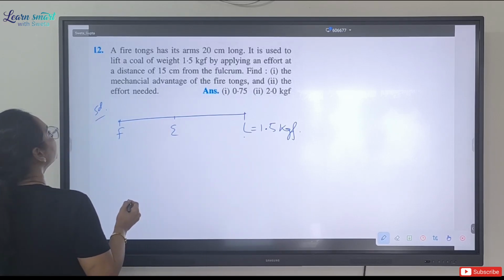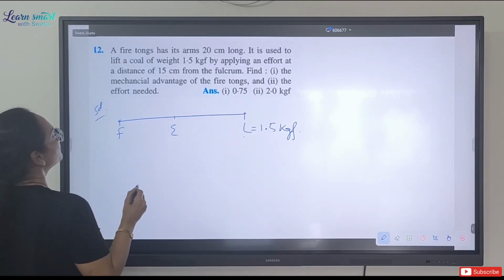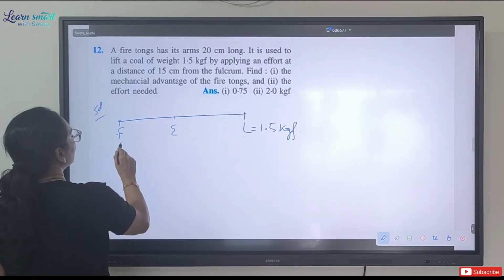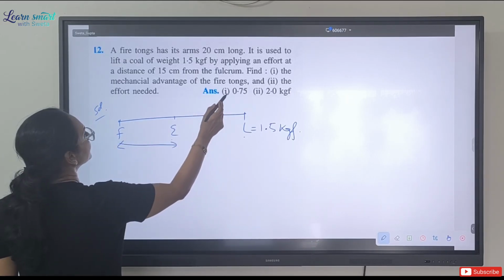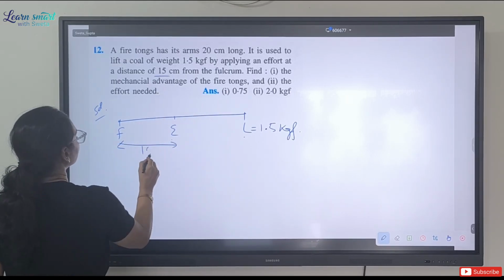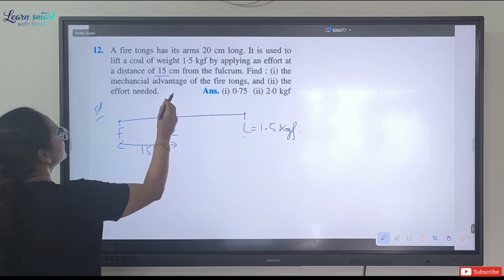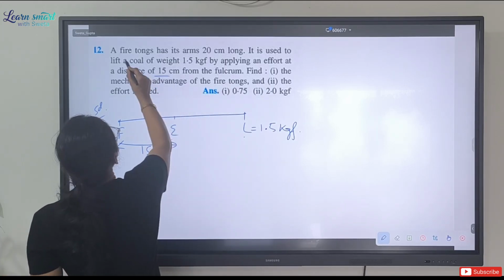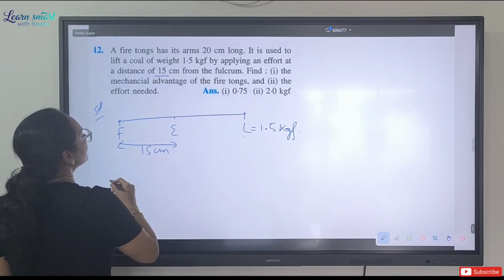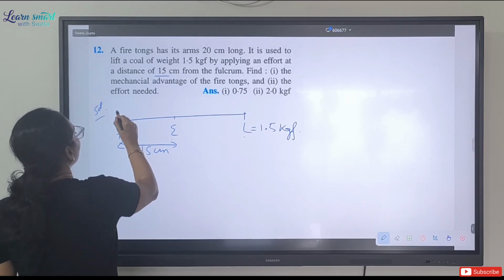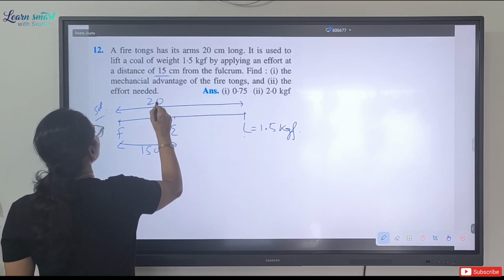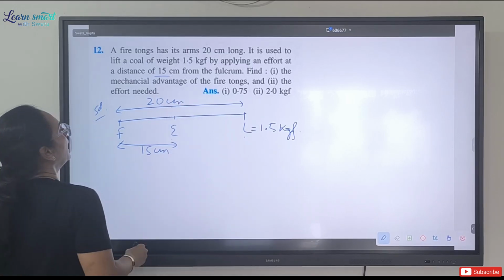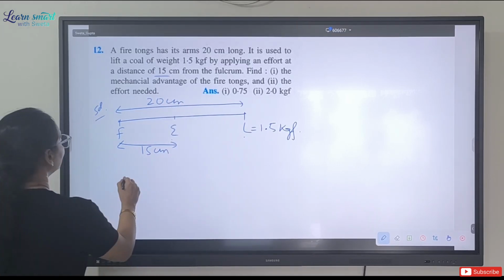By applying an effort at a distance of 15 centimeter from the fulcrum. So between fulcrum and effort, how much is this distance? This distance is 15 centimeter. And previously they said that fire tong has its arms 20 centimeter long, which means that this is 20 centimeter. And we have to find the mechanical advantage.